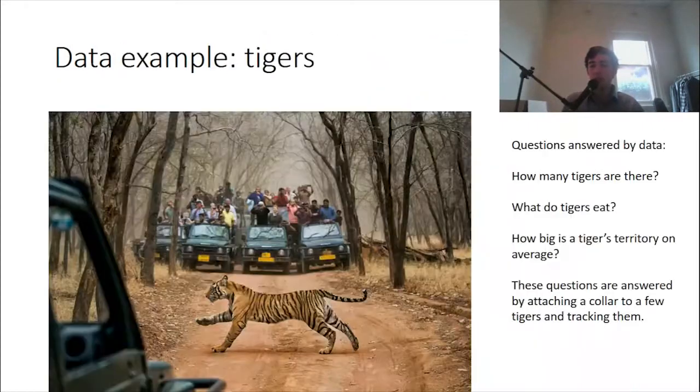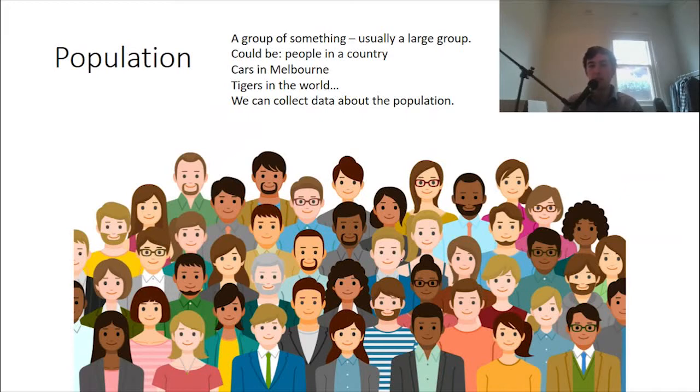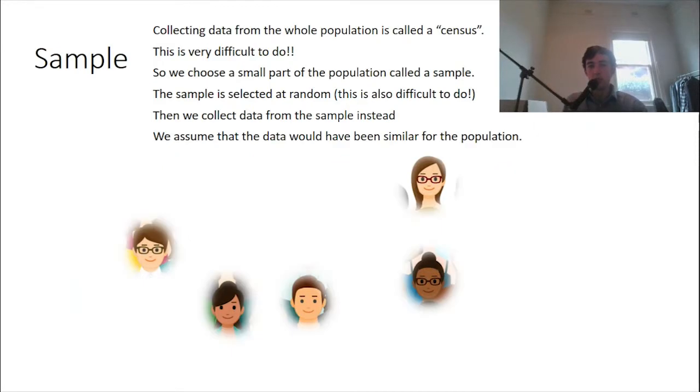For example, the whole group of tigers, or it could be the number of the people in a country, or all the cars in Melbourne. And basically, we are collecting data about a population. So it doesn't need to be people. It could be people or animals or objects. But we're collecting data about usually this big group of things or people.